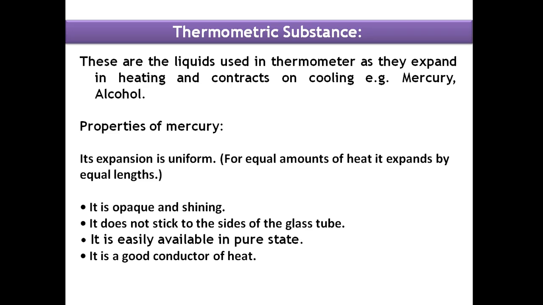Now coming to the thermometric substances. These are the liquids used in thermometers. As they expand on heating and contract on cooling, we use these liquids as thermometric substances. Examples are mercury and alcohol. Coming to the properties of mercury: its expansion is uniform.